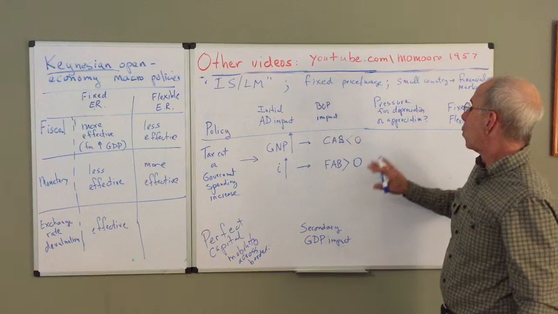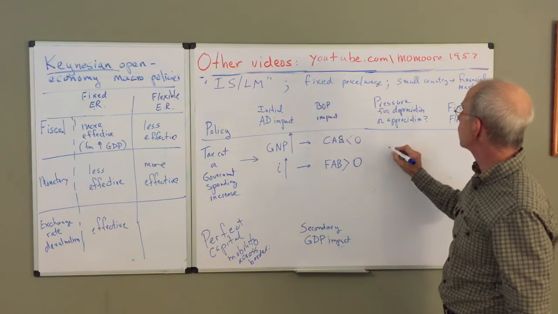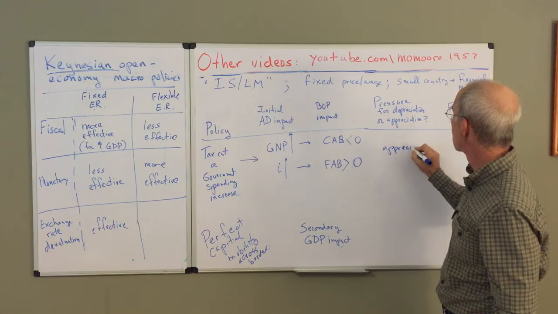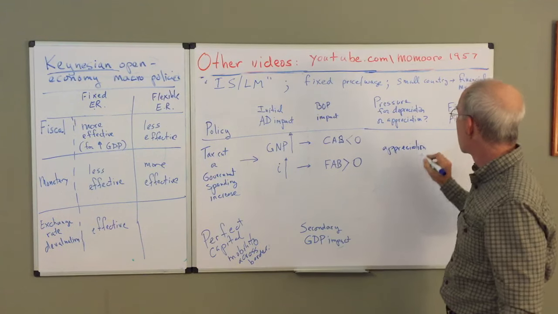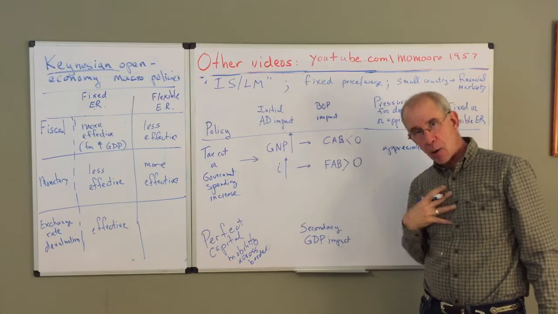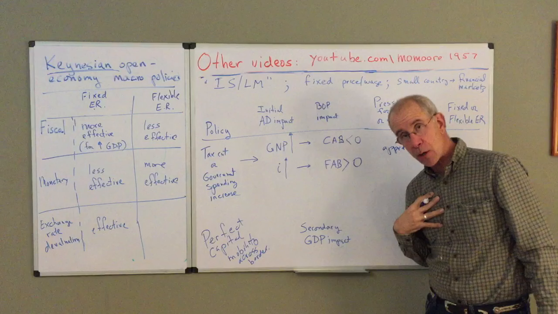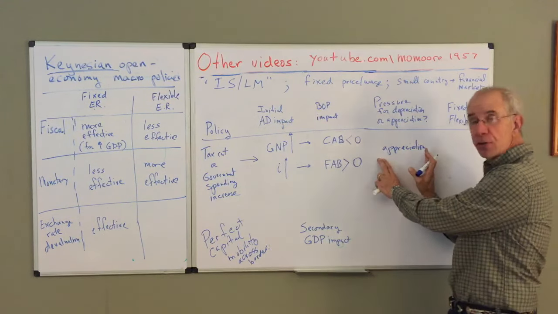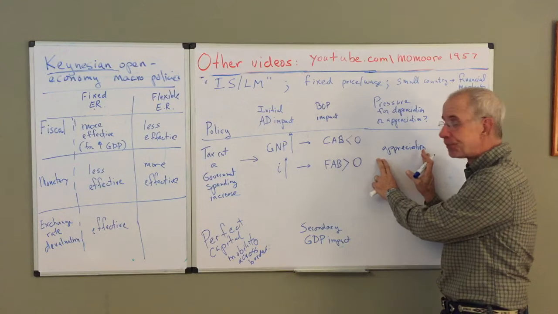So what we have is pressure for an appreciation. The high demand for our bonds means that foreigners have to buy our currency in order to complete the transaction. This puts pressure for an appreciation.